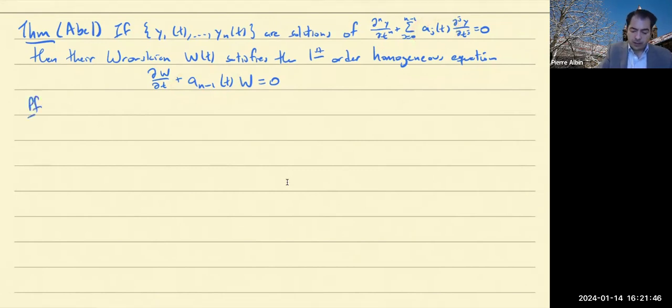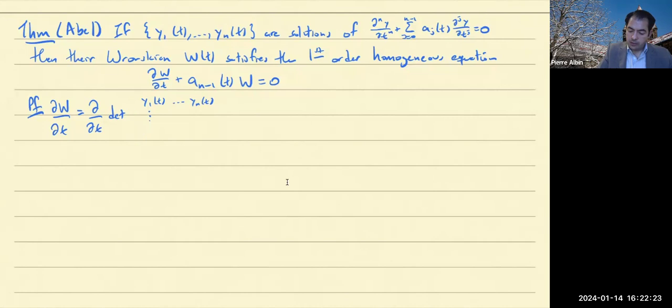Okay. So the proof is not hard. It's again just properties of determinants. So let's compute the derivative of the Wronskian with respect to t, right? So this would be the same as the derivative with respect to t of the determinant of the matrix that has first row given by y1 of t up to yn of t, dot, dot, dot, and then I'll include the next to last row.